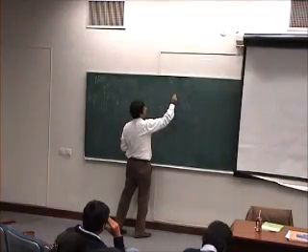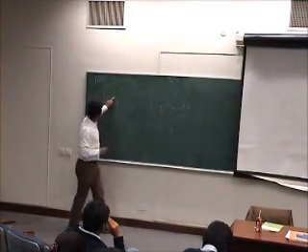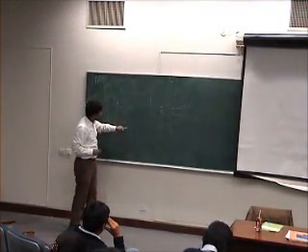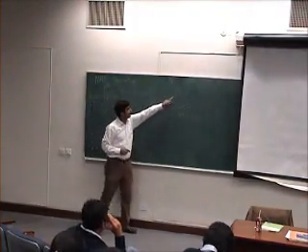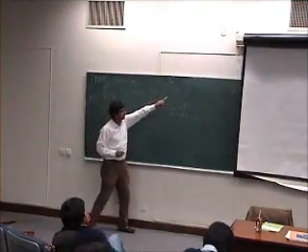What about this point, which corresponds to the state cosine theta over 2 alpha plus e to the i phi sine theta over 2 beta? This point is the analogous point on the Bloch sphere.